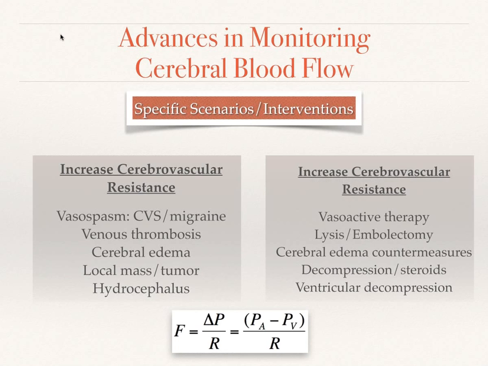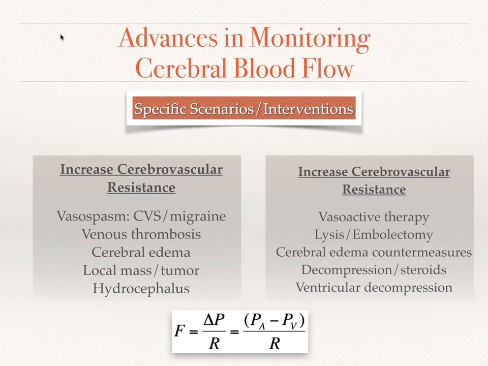In cases where we have increased cerebral vascular resistance, so this is our denominator, we may be looking at intervening through vasoactive therapy for patients who are suffering from vasospasm. This may include cerebral vasospastic syndrome and migraine. Patients with venous thrombosis may benefit from lysis and embolectomy.